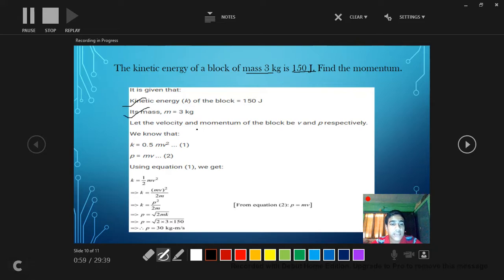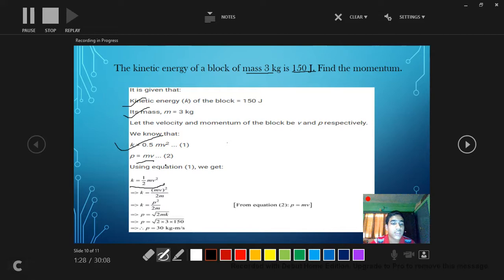Mass is 3 kg. Let the velocity and momentum of the block be V and P. We know that kinetic energy K is equal to 0.5, or you can write half, mv square, and P is equal to mv.